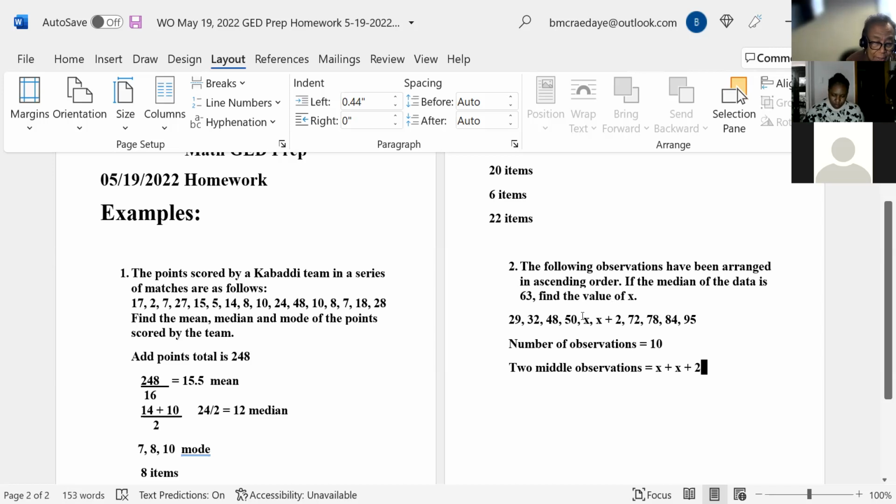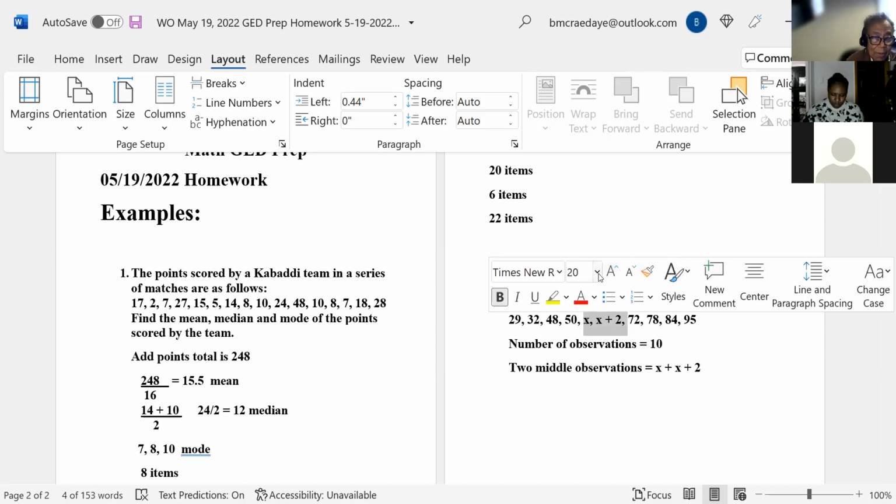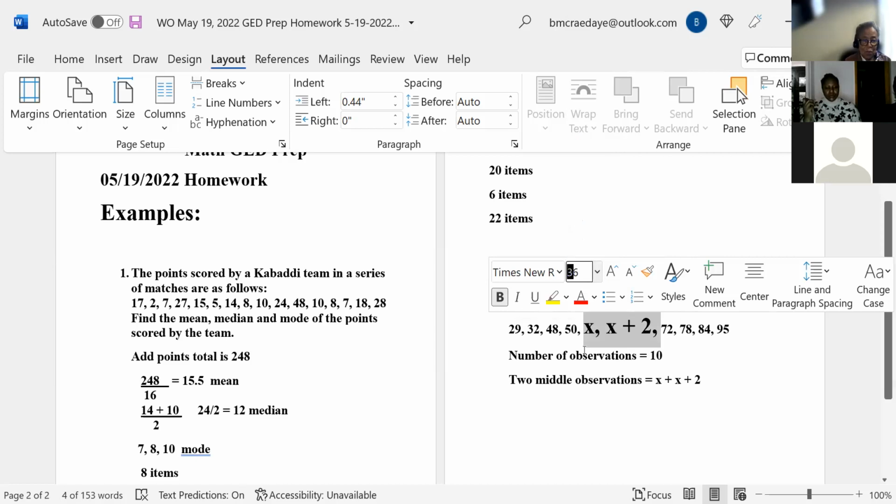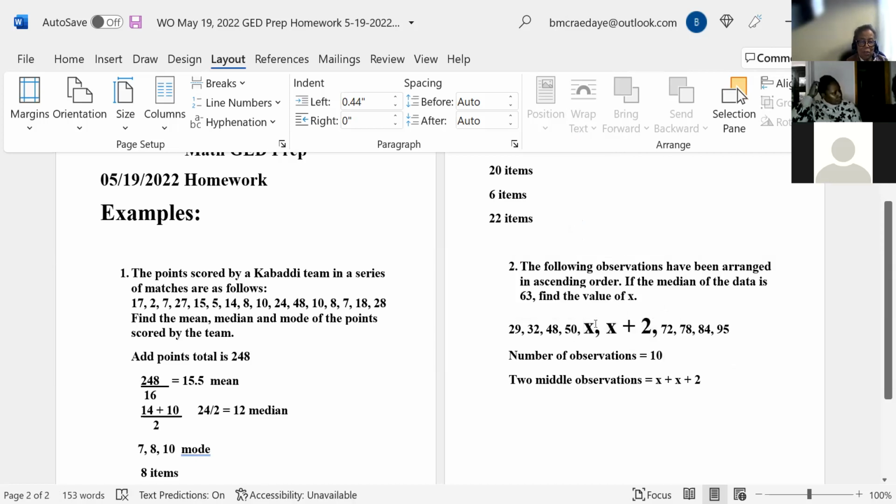Let me make this bigger so you can see what we're talking about here. Those, the ones right there in the middle, are your two middle observations. So that's X and then X plus 2.